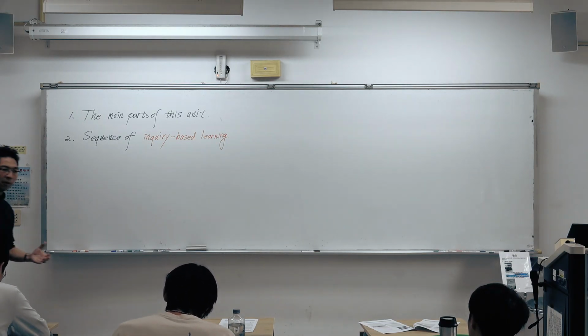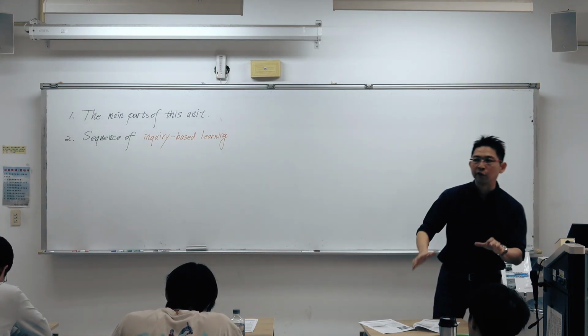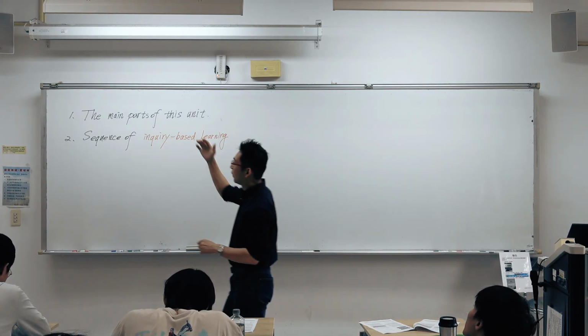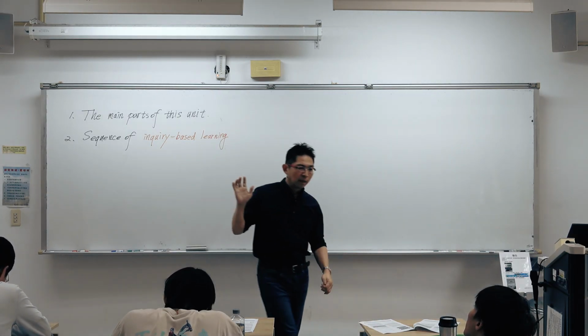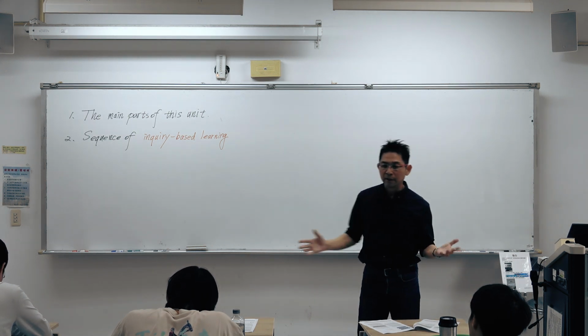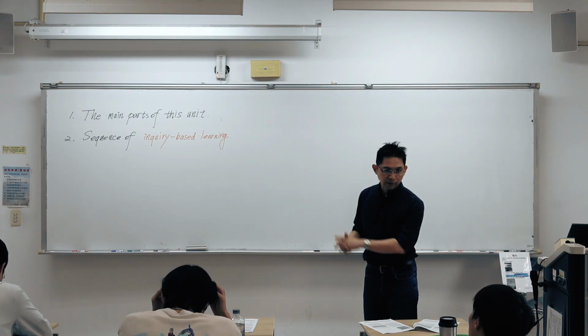After that, we would like to rearrange or just follow the sequence of the textbook. But now, we have to try to find the main parts of this unit. So what are they? What are the several main parts of this unit?